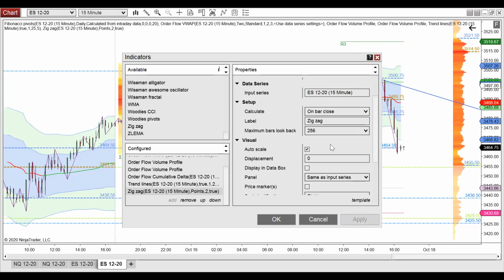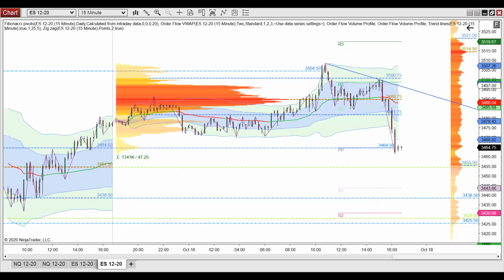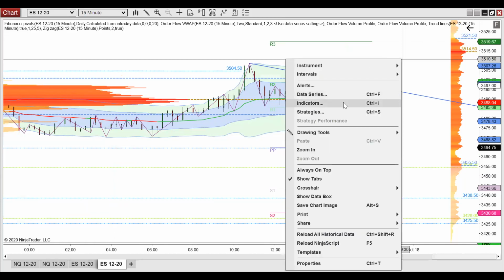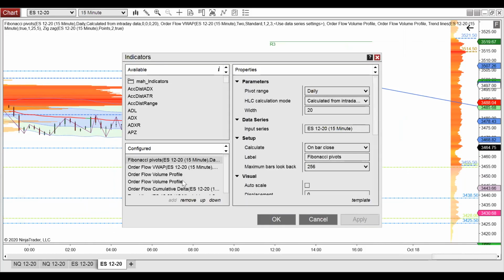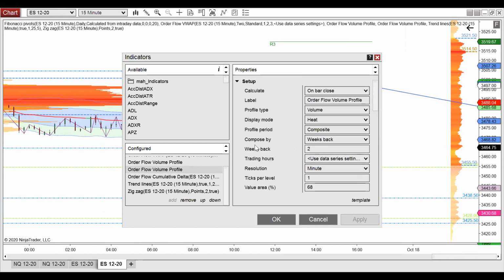How did I get the weekly profile to scale to small? Mine usually takes over the screen. Okay, hold on. So this profile right here on the right side, if you click and then indicator, you go to the volume profile, and then you go to the weeks back and do 2 down.